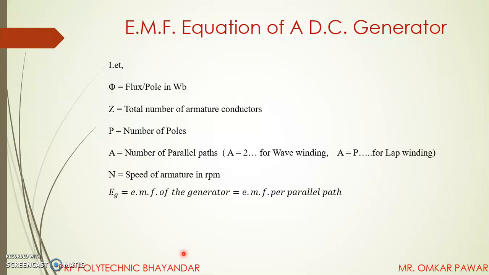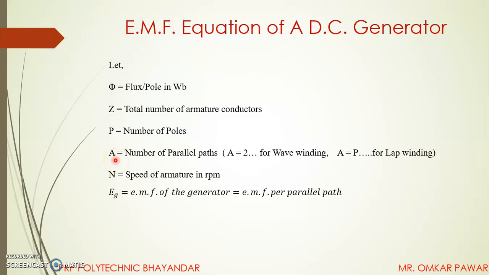Next is the EMF equation of a DC generator. So let's consider some symbols. Phi denotes flux per pole in Weber. Second is Z, the total number of armature conductors present. Next is P, the number of poles.